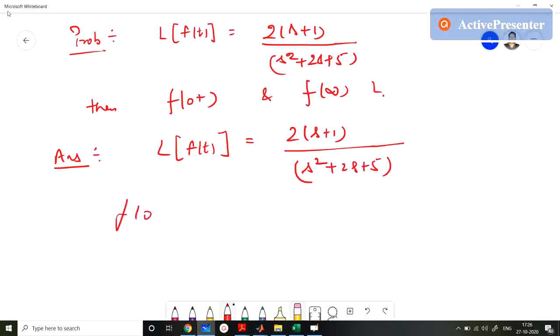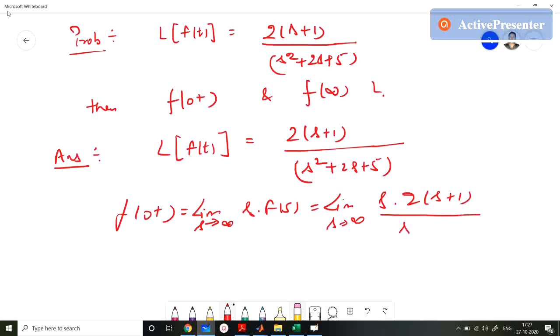Now the initial value f(0+) is equal to the limit as s tends to infinity of s times F(s). We can put the value of F(s) here and use the L'Hospital rule.